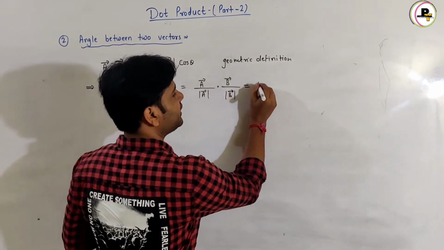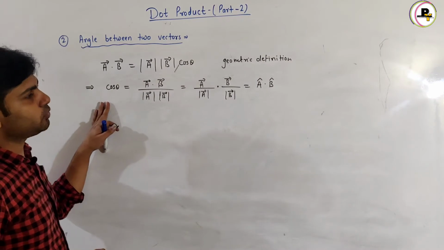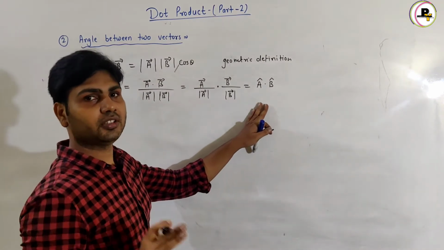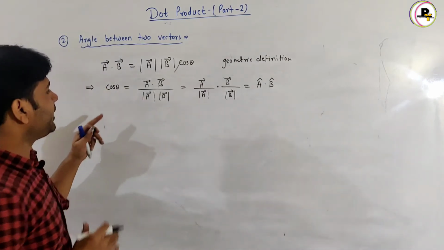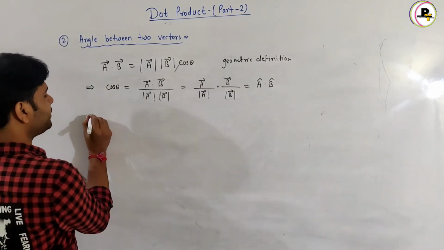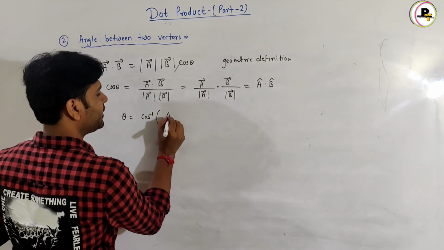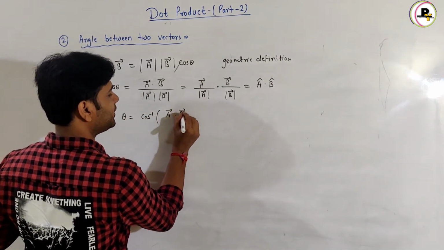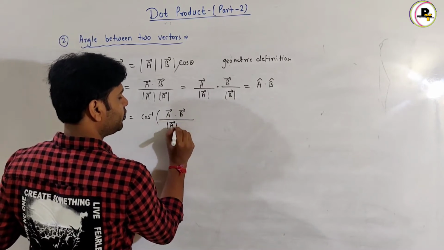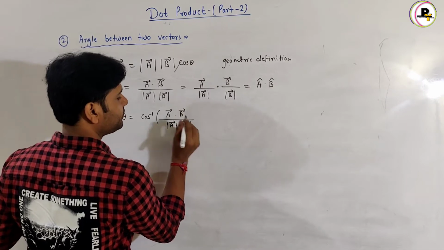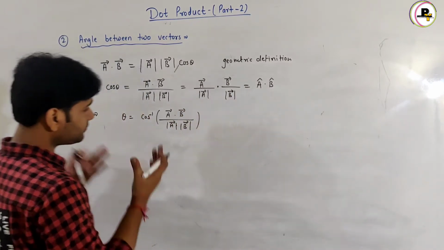So I can write here a cap dot b cap. So cos of theta is equal to what? Dot product of the unit vectors a cap and b cap. So if I need to find the angle between two vectors, then I can write here theta equals to cos inverse of a vector dot b vector upon mod of a vector into mod of b vector, or I can also write in terms of unit vectors.